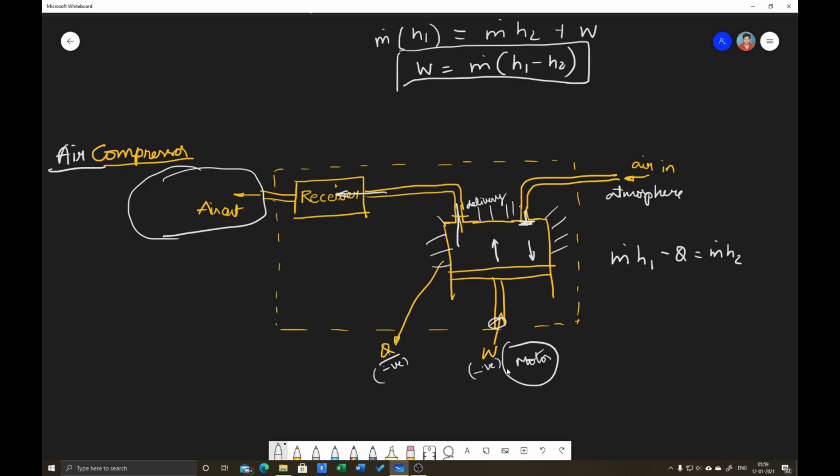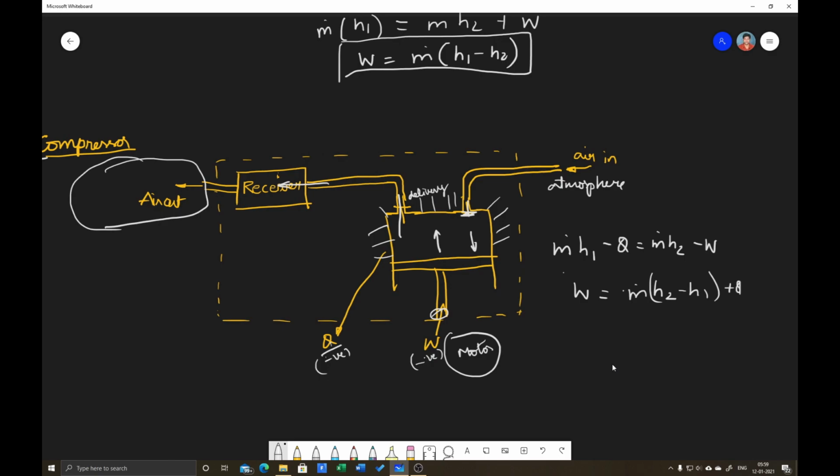So minus Q is equal to m dot into H2 minus W. So W is equal to m dot into H2 minus H1 plus Q. This is the expression to calculate the work required by the compressor.